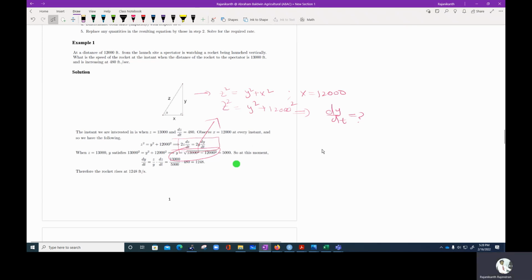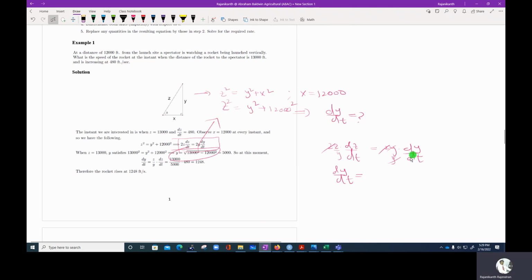This formula is here. You found 2z times dz over dt equals 2y times dy over dt. So if you simplify further, what will you get? I can cancel 2. If you solve this equation for dy over dt, you divide by y on both sides to get dy over dt.